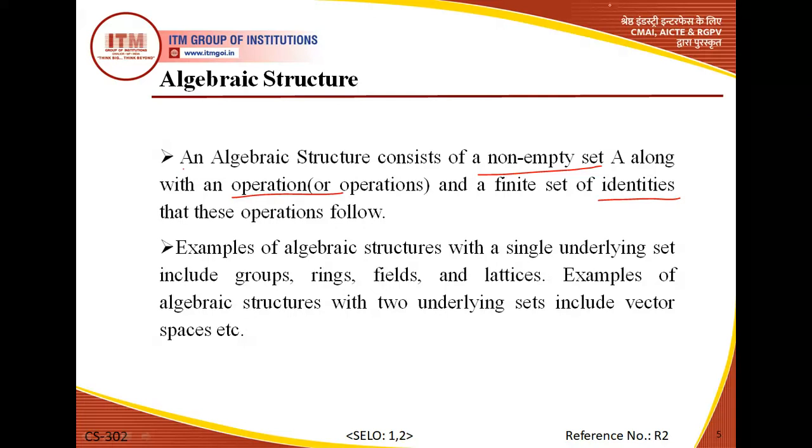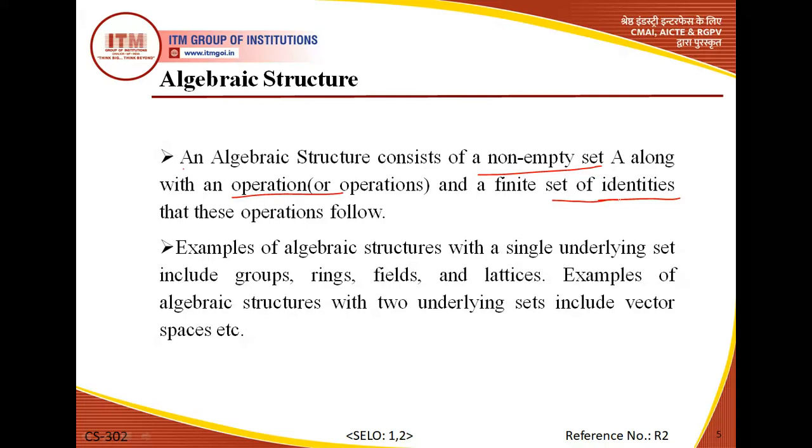And what is the third thing that we have to see? That it should follow certain identities. There are two, three identities that it should follow in order to be an algebraic structure. We have certain kinds of algebraic structures, like monoid, semigroup, group, vector spaces, rings, and many more examples of algebraic structures.